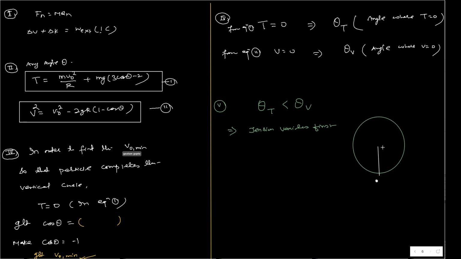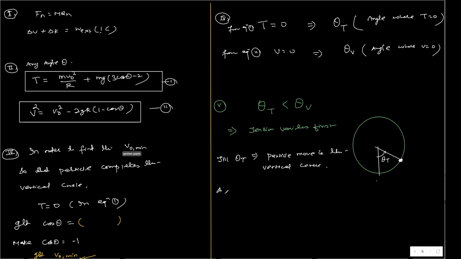So till theta t, the particle will move in the vertical circle.